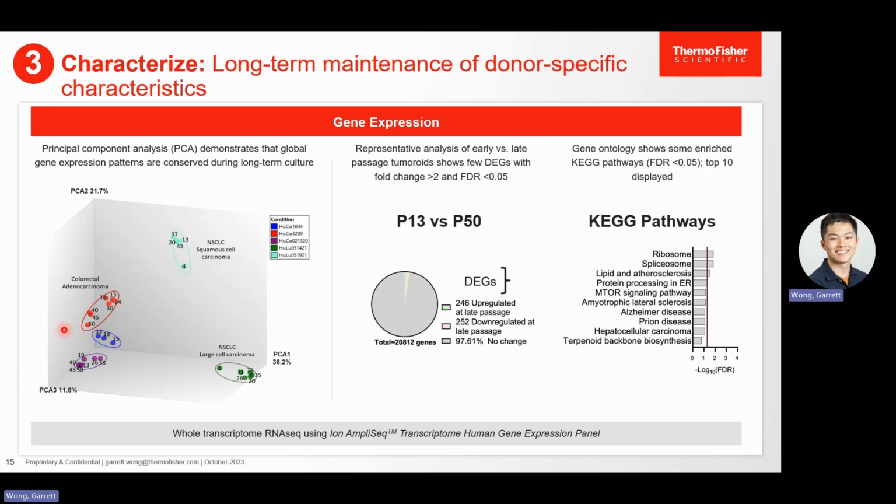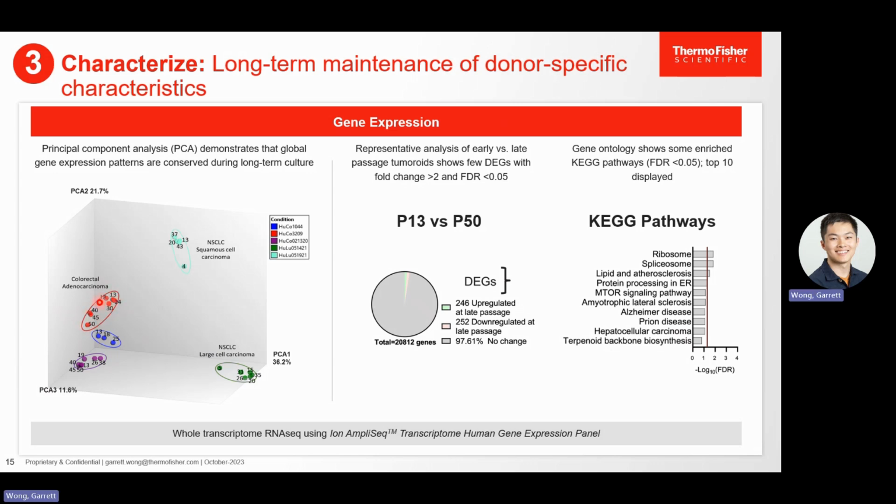So each color represents a different donor. You have the red, blue, purple over here. These are all different colorectal tumoroid lines, and they all represent different passages. And as you can see, they all cluster together with their own donor.